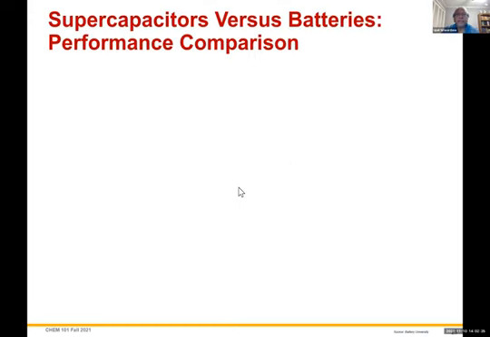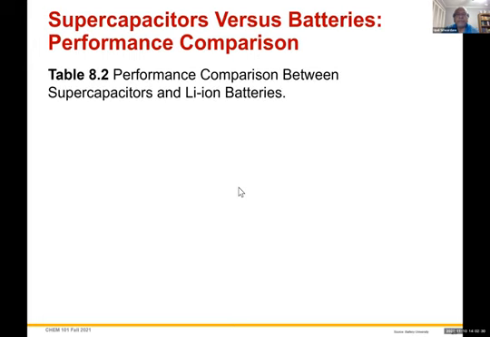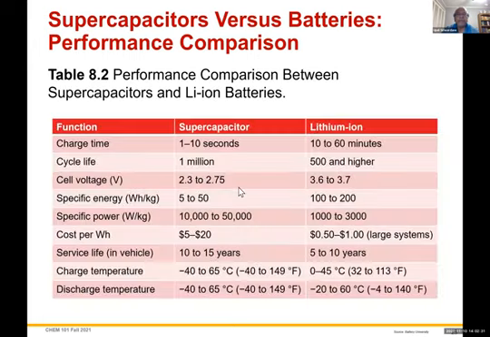So let's compare the supercapacitors versus batteries, their performance. Lithium ion is the one that is popular, so we compare it to supercapacitors. Charging time to charge a capacitor to full is only 1 to 10 seconds.